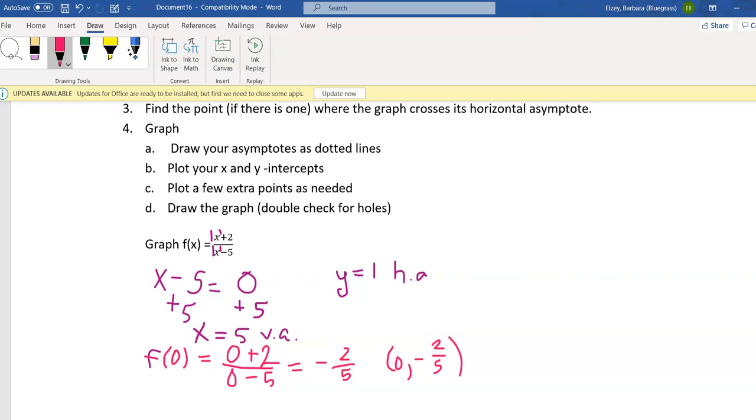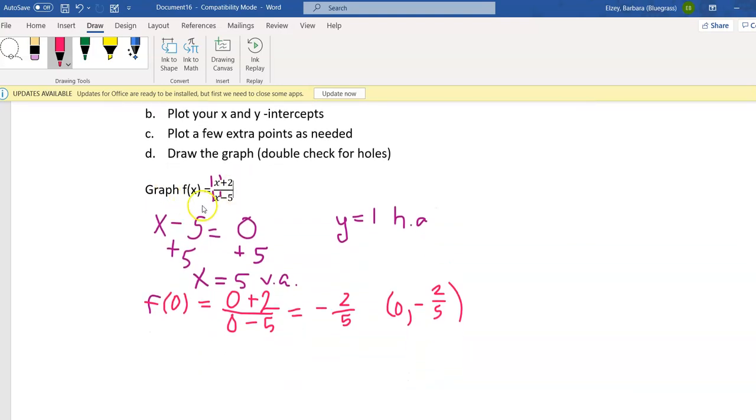Now to get an x-intercept. Well, to get an x-intercept, we set y to 0, or we set the whole thing to 0. Well, now that looks hard to solve, but the truth is this.